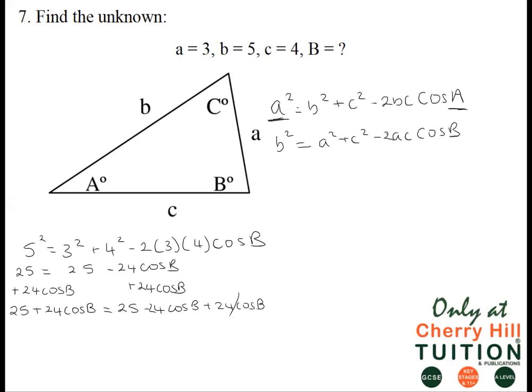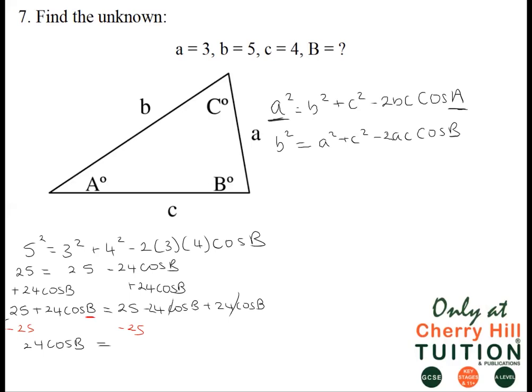And these two cancel out. And now what we need to do is try and get rid of everything that's stopping this b from being on its own. So let's minus 25 on both sides. On the left-hand side, we are just left with 24 cos of b, because 25 minus 25 cancel out.